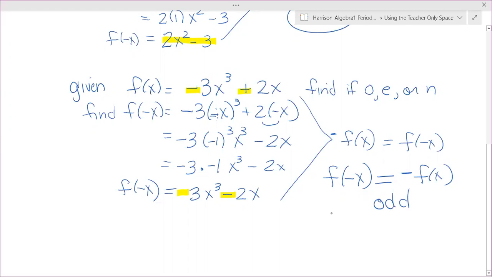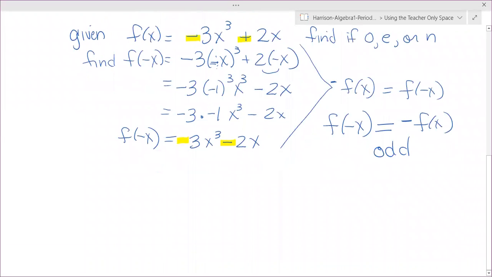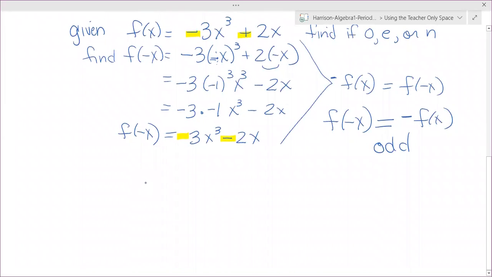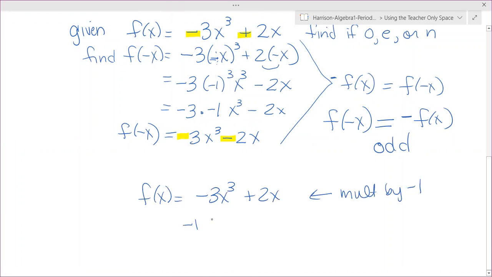So again, just to make that a little bit more clear, I think I said that a little muddled. What we started with, f of x equals -3x cubed plus 2x. Now, if I multiply by -1, that would give me +3x cubed, and 2x times -1 is -2x.